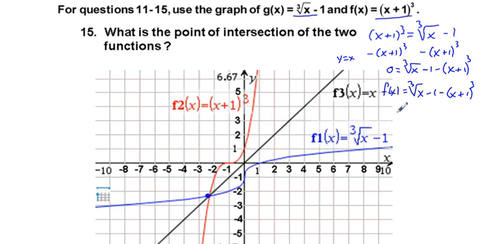So our point of intersection is going to be negative 2.32, comma, negative 2.32. And so that will be our answer for that.